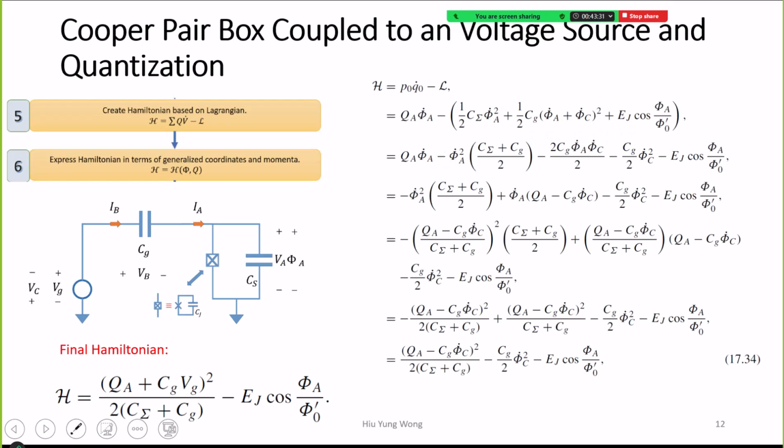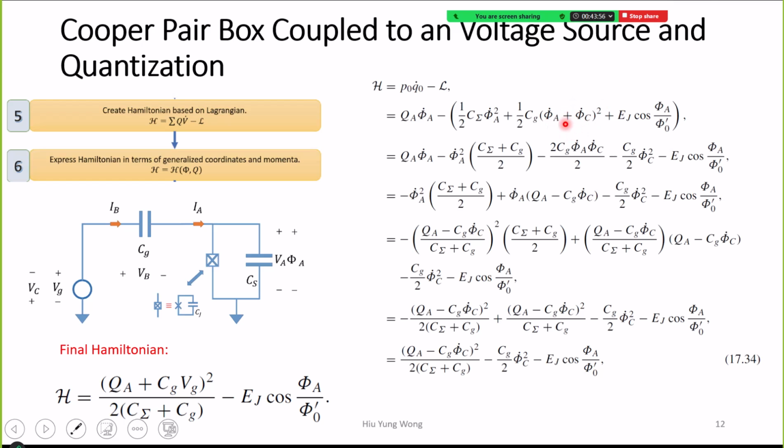And the rest are just math. But I want to tell you what happened in some places. For example, here first I'm going to replace phi A dot with the, am I right? I also got confused. Okay, so here I expand this square, right?